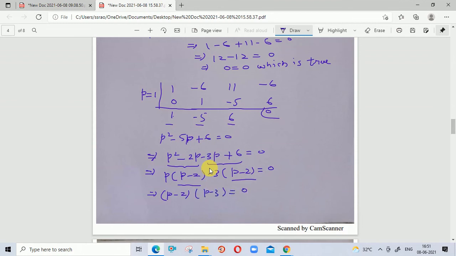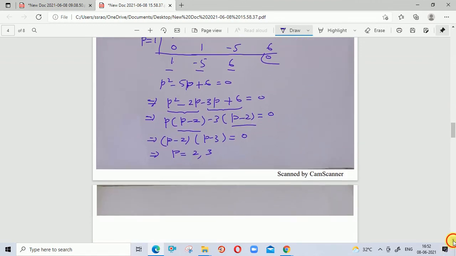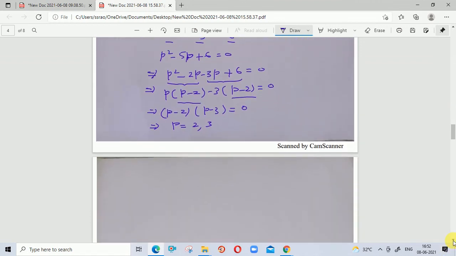Okay, therefore 3 zeros of Q of P are A1 is equal to 1, A2 is equal to 2, A3 is equal to 3.